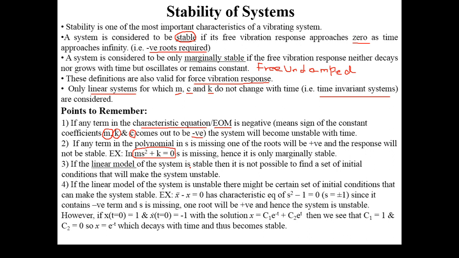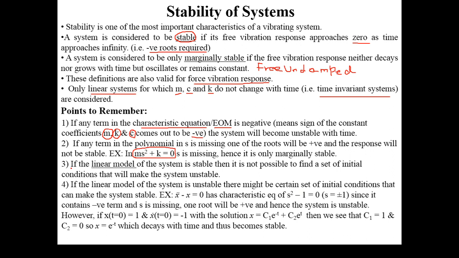But on the other hand, if the linear model of the system is coming out to be unstable, for some reason, then there might be a certain set of initial conditions that can make the system stable again.